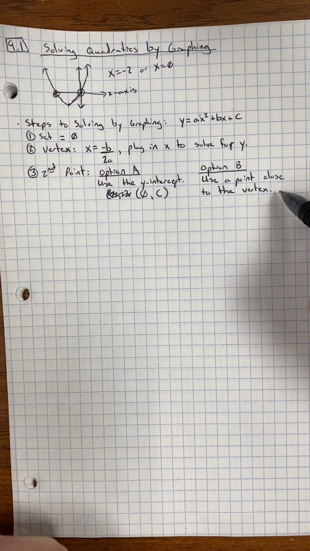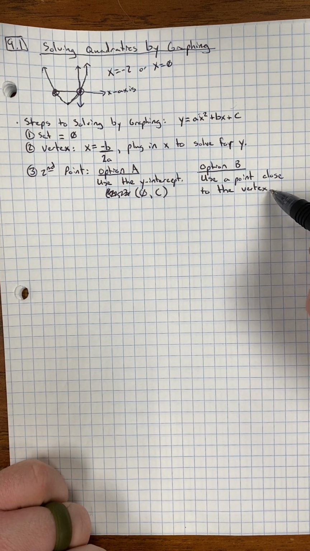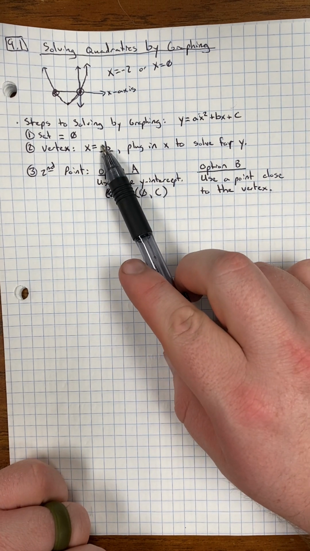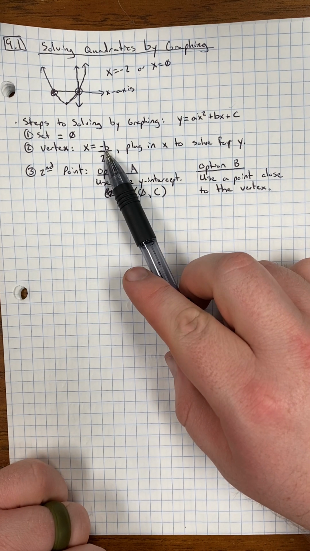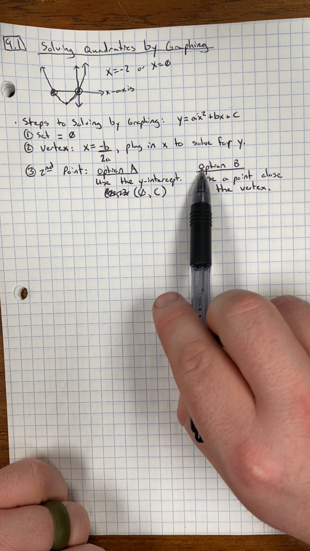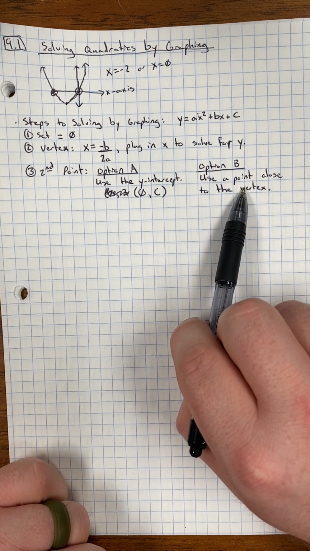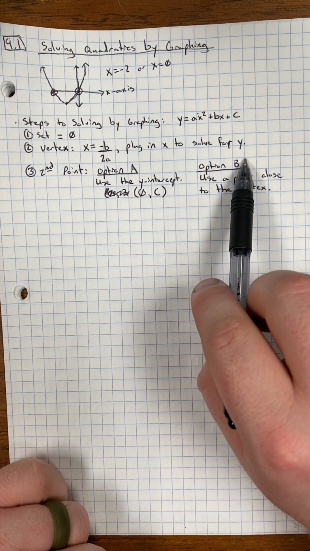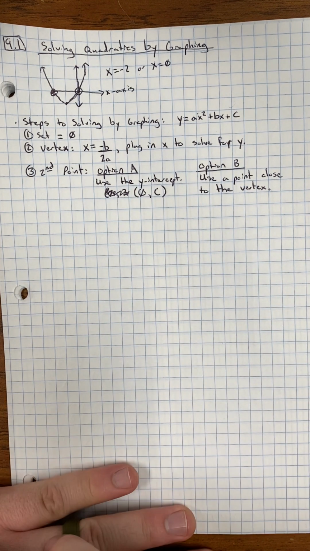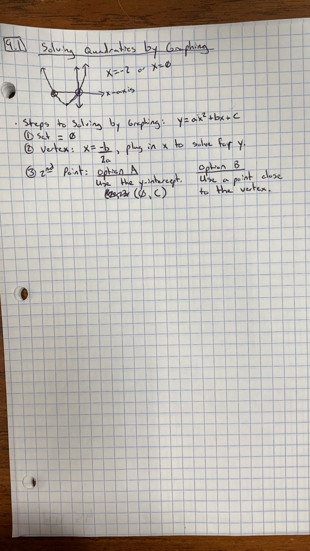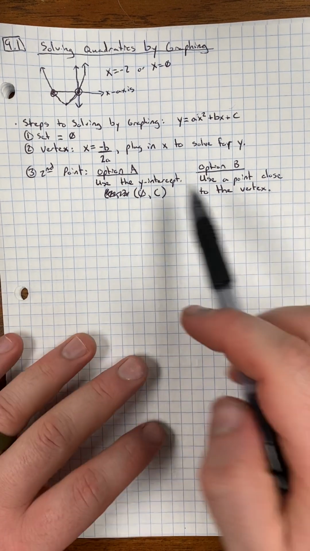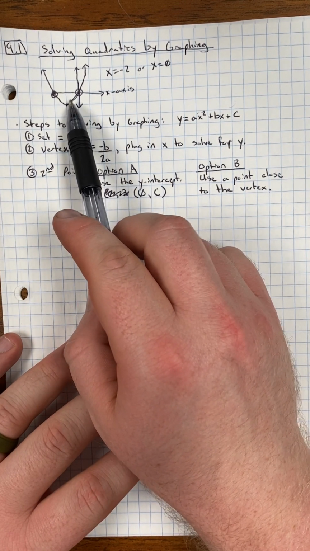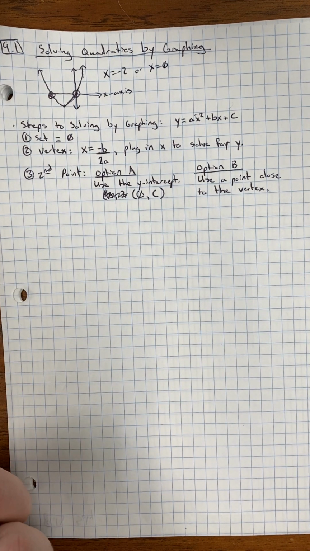I need to pick an x value close, plug it in, and solve for y. For example, if my vertex x value ended up being something like -5, I might choose something close for my next x value, like -4 or -6. That way when I plug it in, I get a y value that's kind of close to what I got for the vertex, and I'm not graphing something crazy. We can see that here I purposely plotted 2 points that were really close to the vertex, right? A little bit easier to see what's going on that way too.